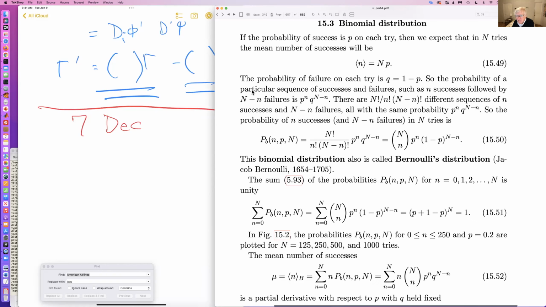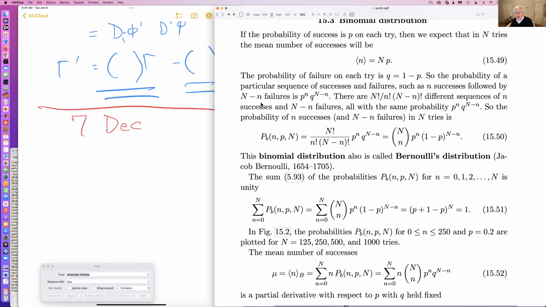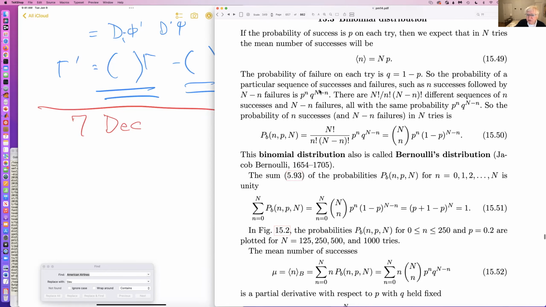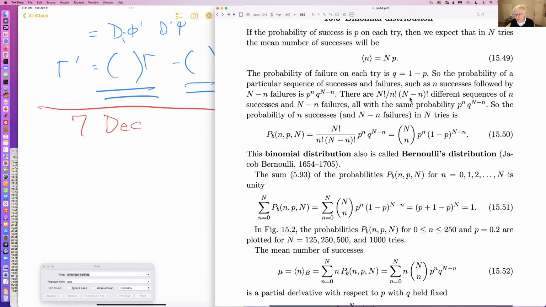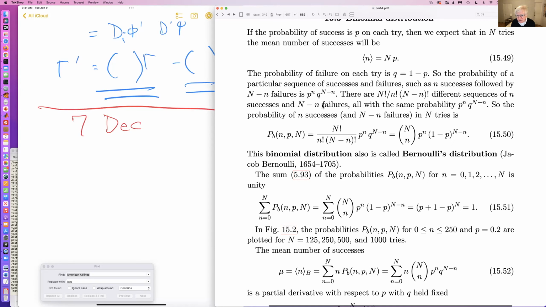And the probability of a particular sequence of successes and failures, such as n successes followed by N minus n failures, is p to the n, q to the N minus n. There are N factorial divided by n factorial times N minus n factorial different sequences of n successes and N minus n failures, all with the same probability.